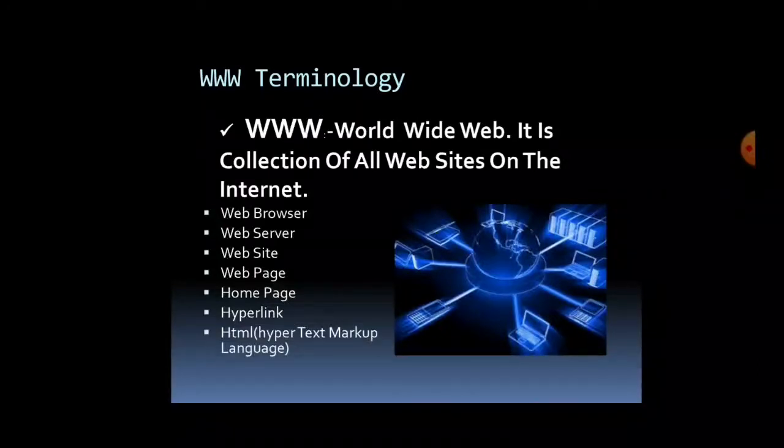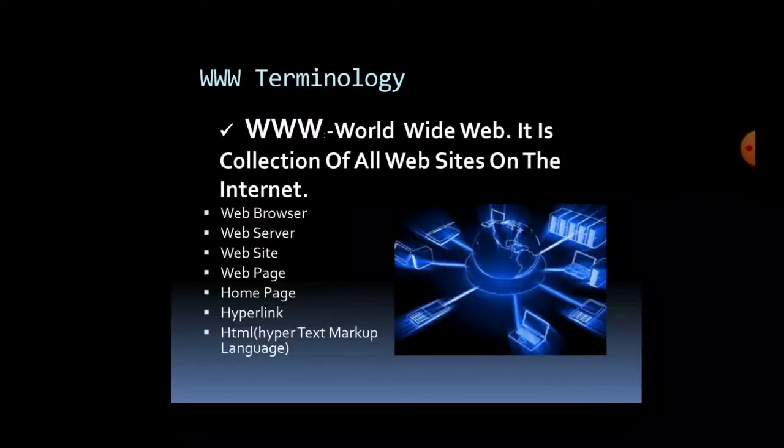What is a home page? The home page is the first page of a website. Next is a hyperlink. A hyperlink is a web page address on a web page. It is a shortcut to another web page. It could be an image or text, which is hypertext.